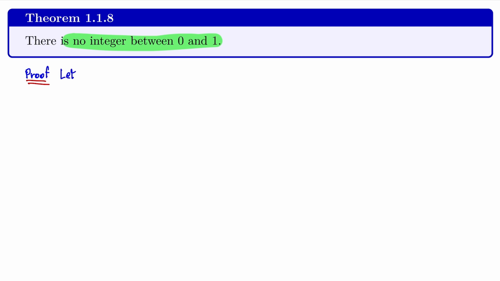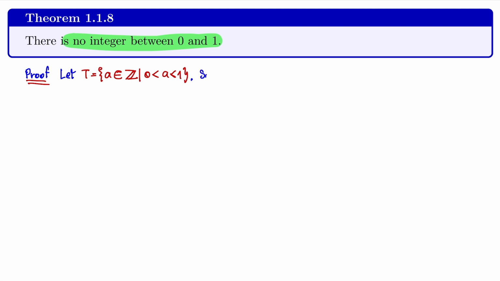I will let T be the set of integers such that each integer is between 0 and 1. Then I'm going to use proof by contradiction.